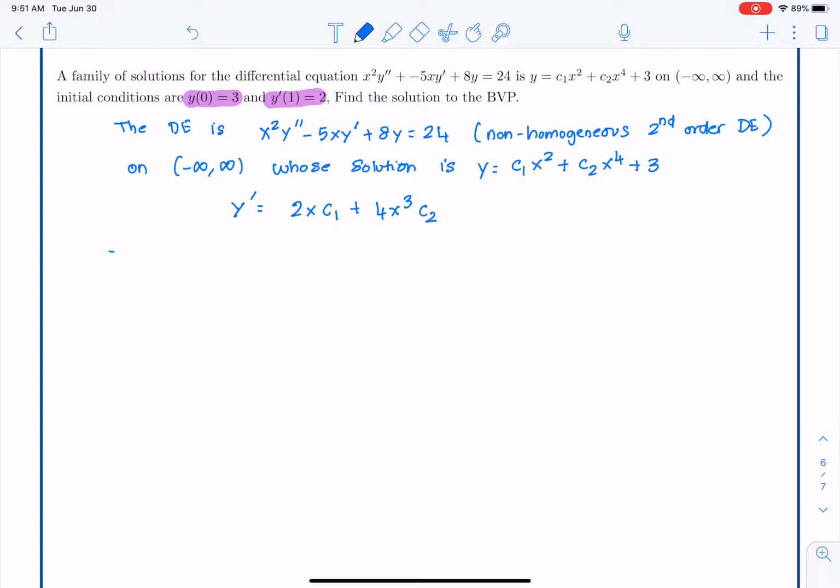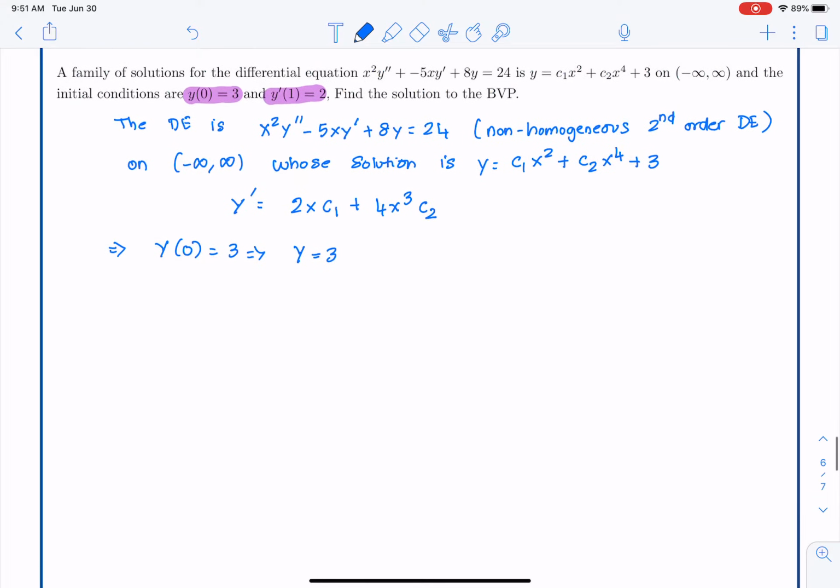So we plug in the conditions. Y of 0 is equal to 3. So if I plug in 0, I simply end up getting y equals 3, which should make sense.